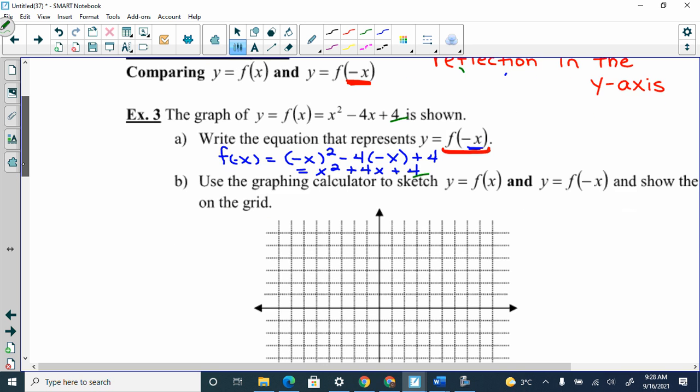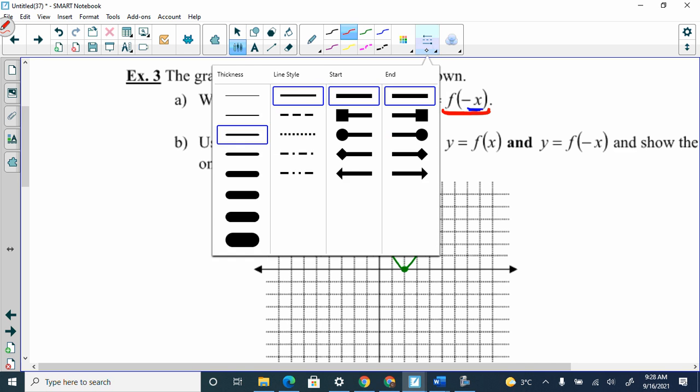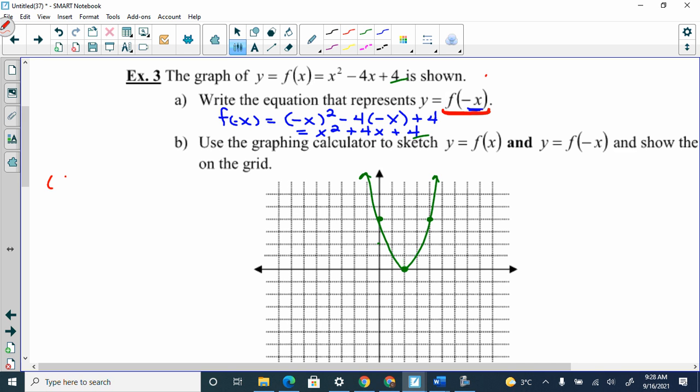So this is the same graph we had before, the original. And now we're taking those points and mapping them: (x, y) becomes (negative x, y).